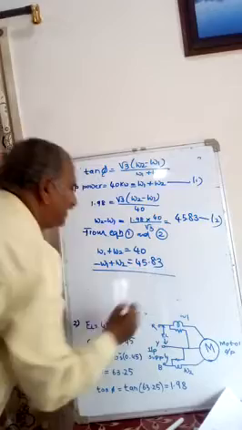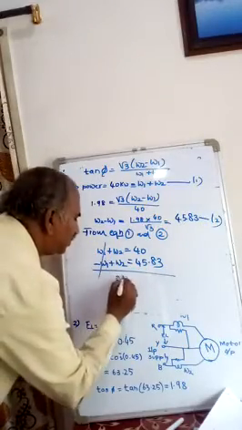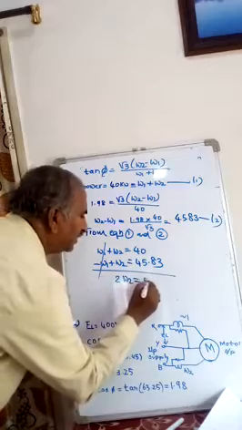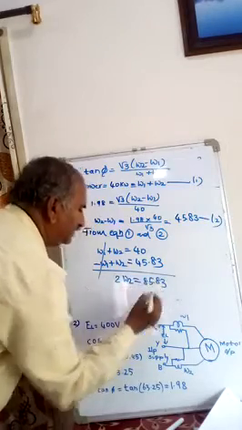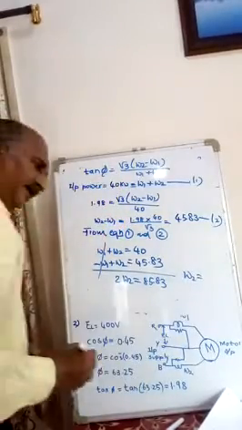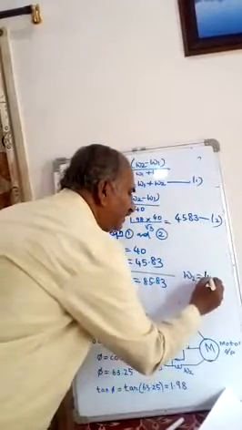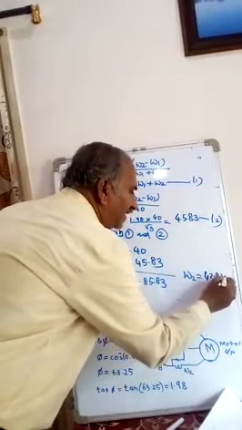So you can cancel, W1 cancels. 2 W2 equal to 85.83. Then you calculate W2. You are getting W2 around 42.9. It is in kilowatt.